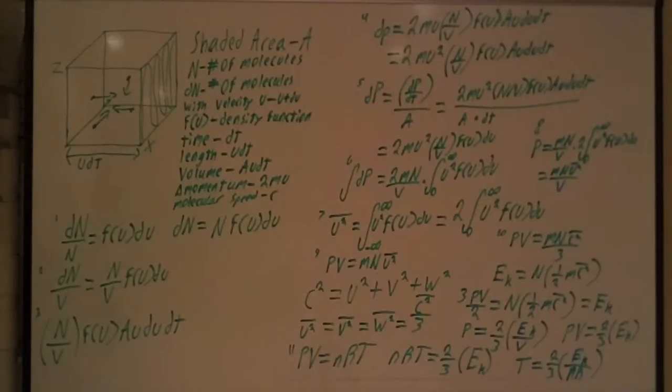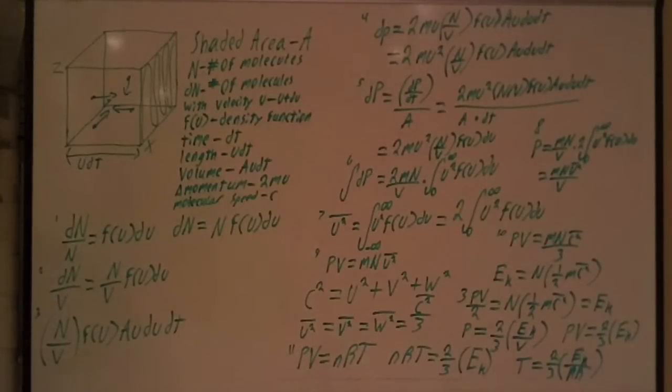This is because dn is just a small proportion of the total number of molecules n. Therefore, the fraction of these molecules over the total can be represented as dn over n. This will be equal to some density function, f(u), times du.